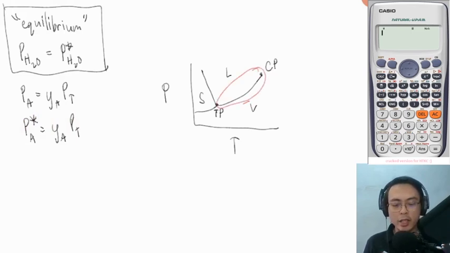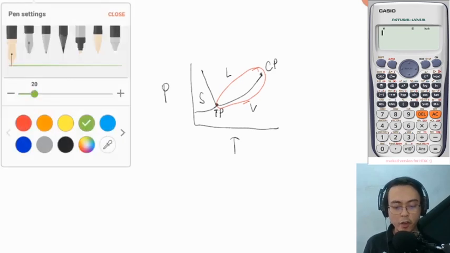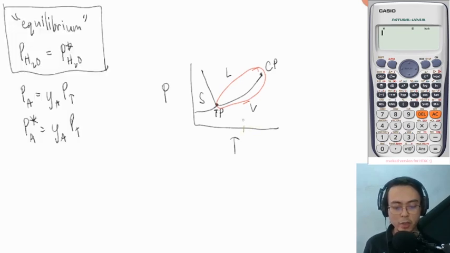How do we do that? If you have a copy of the phase diagram of the substance, you can simply read the graph. For a certain temperature, let's say 25 degrees Celsius, you project this up to the curve and then project it to the P axis. The value of P here is the vapor pressure of the substance.